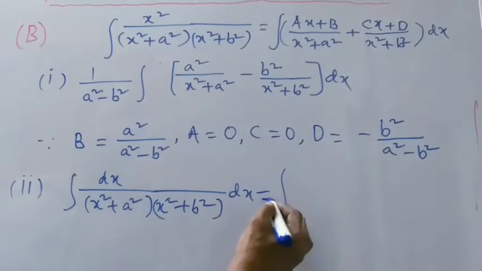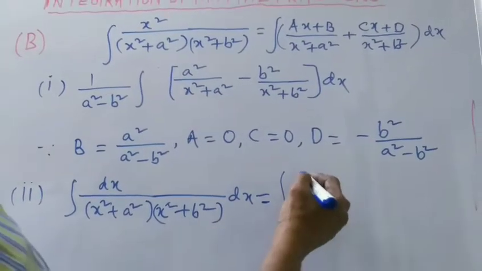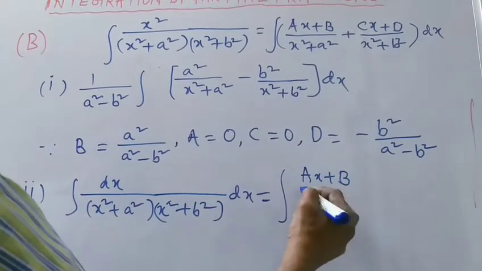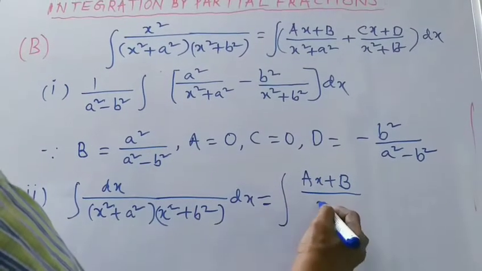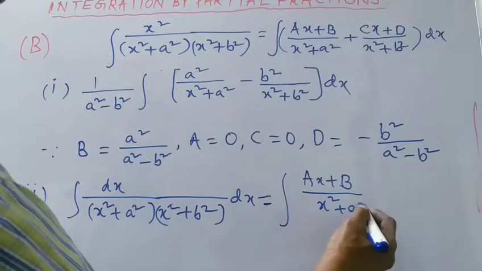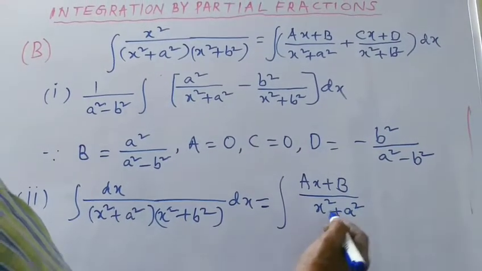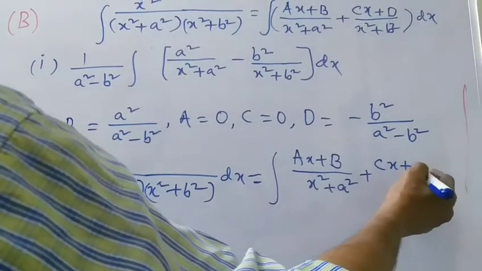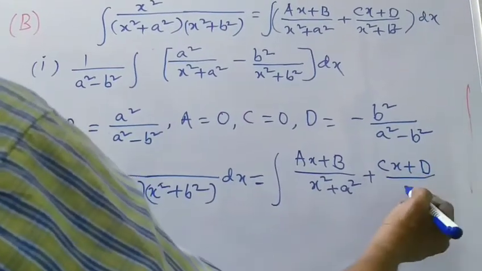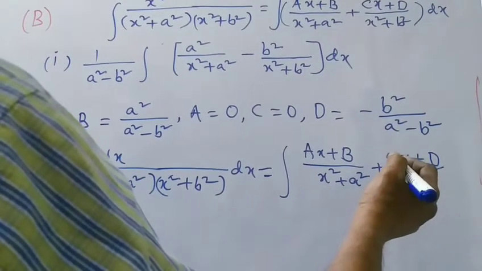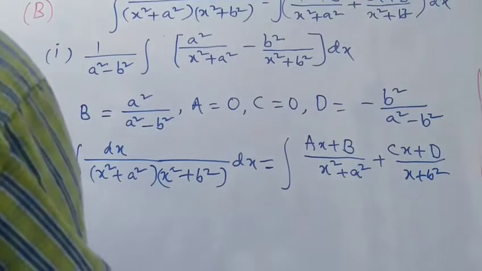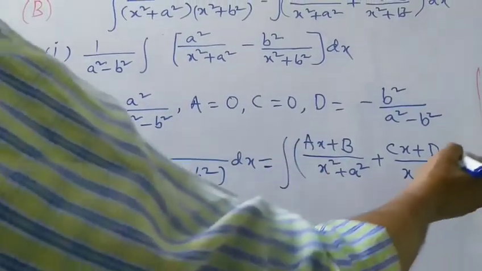Integral of ax plus b by x square plus a square plus cx plus d by x square plus b square, whole dx.